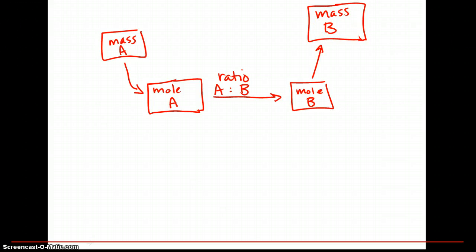So let's have an example. Let's say we have back our equation that we had before. We have propane, which is C3H8, plus 5O2, reacting to make 3 moles of carbon dioxide and 4 moles of water.